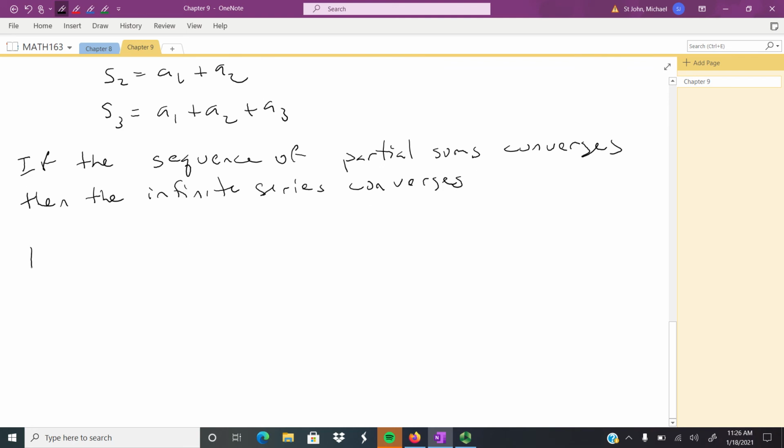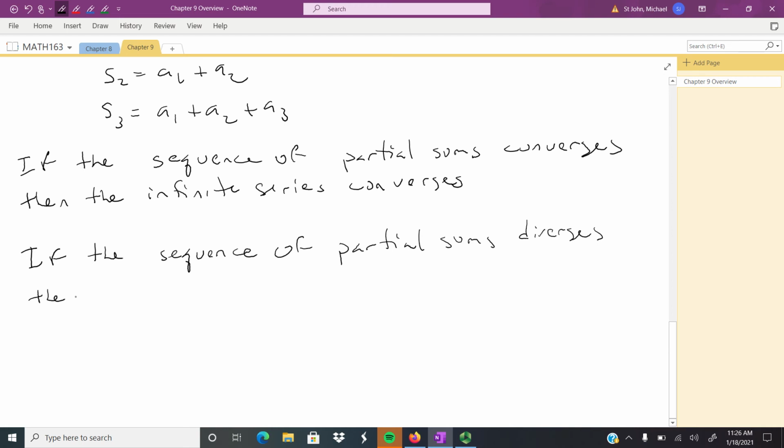And of course, then the other side, if the sequence of partial sums diverges, then the infinite series diverges.